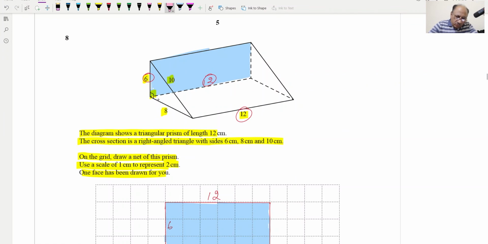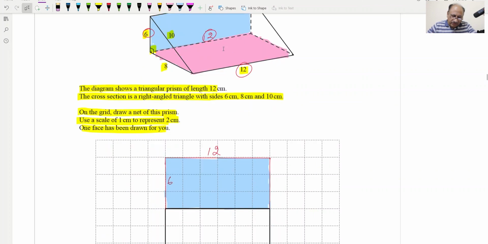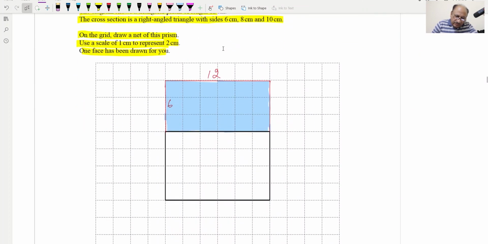Now 8 and 12 is basically which side? If I show, 8 and 12 will be the base, which is this one, the rectangular base. And the rectangular base in our net is this one, which is, you can see, this is 8 and this is 12.